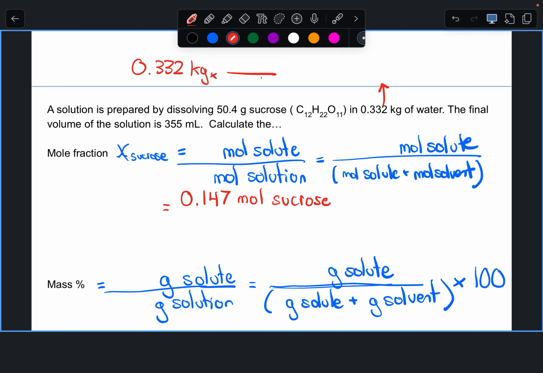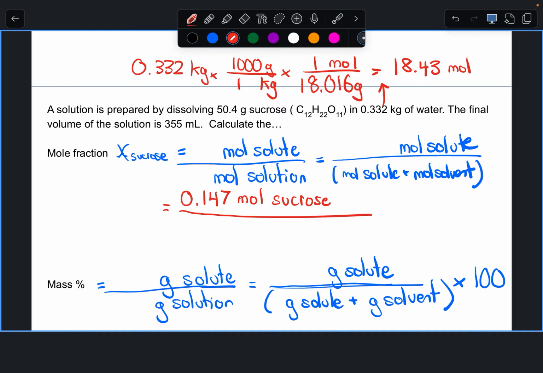Okay, so kilograms to grams, and then using the molar mass of water. So 18.43 moles of water. This shouldn't be surprising, it is going to be a lot more because it's the solvent, so that should make sense.